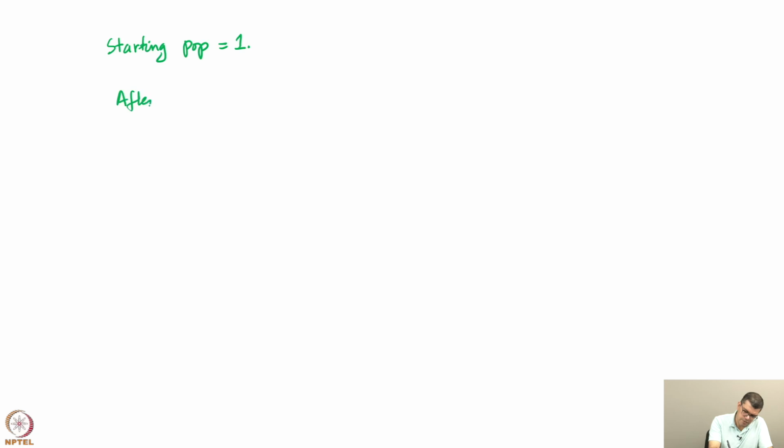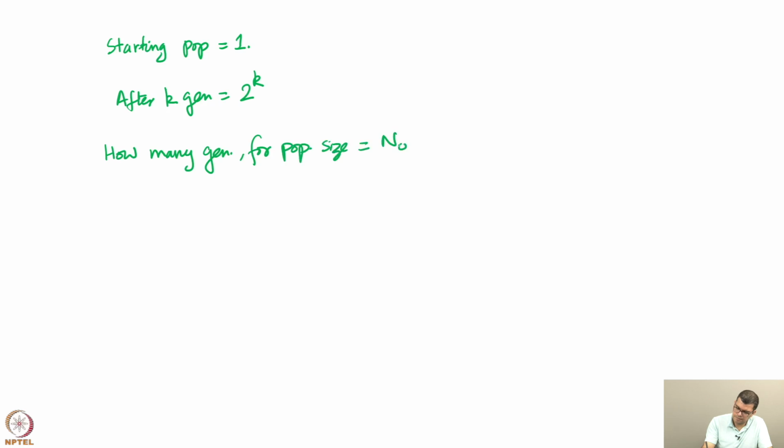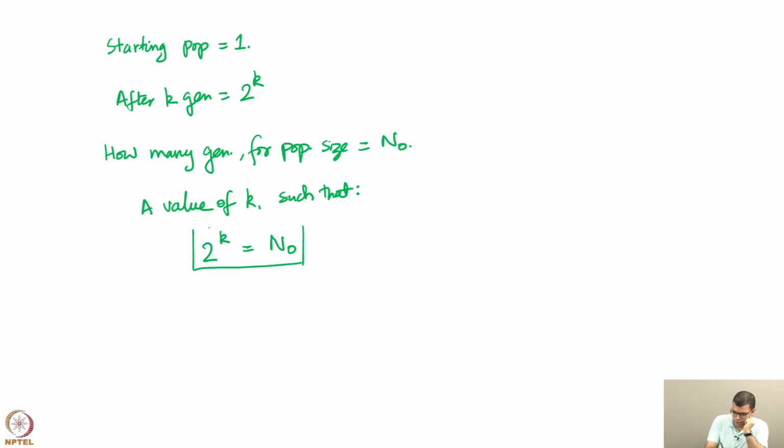After k generations, the population size was 2 to the power k, and I want to find out how many generations it took for the population size to become n naught, which means I want a value of k such that 2 to the power k is equal to n naught. And that is the equation that I have to solve for the value of k.